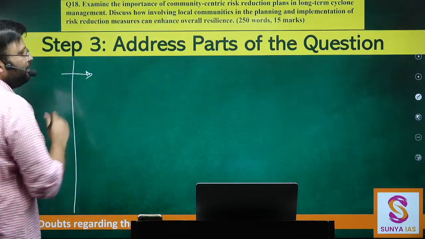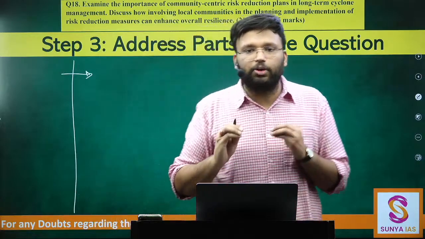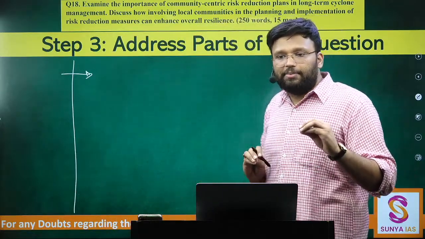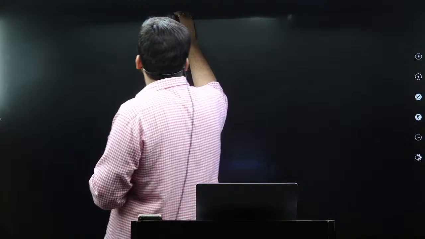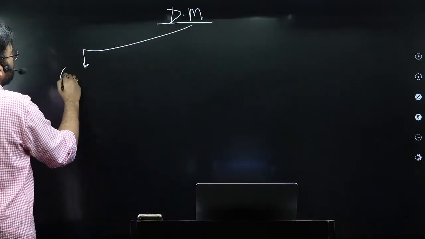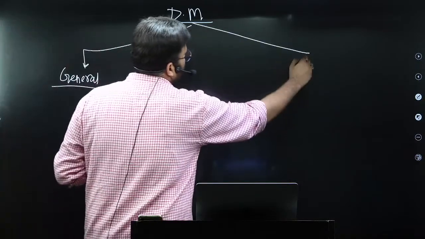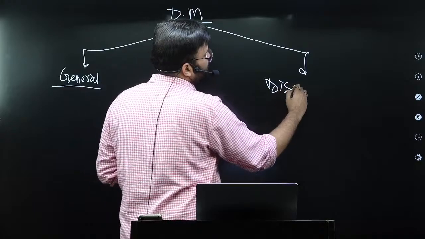There are certain very set examples that you have to use in a disaster management question. Let me tell you how you have to find your equilibrium when it comes to disaster management questions. There will be certain general points and then there will be certain disaster specific points.